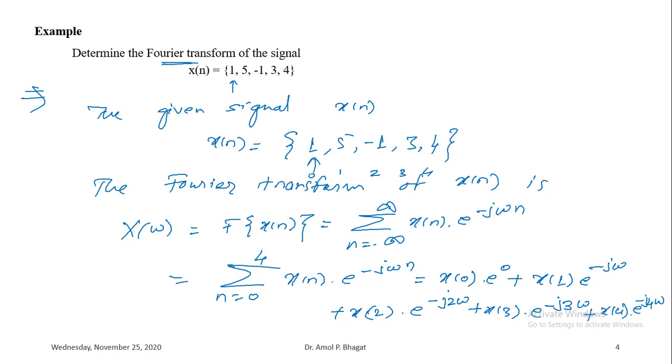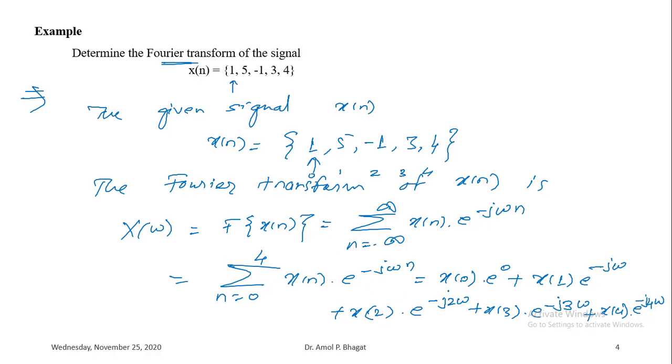Okay, so I'll just substitute the values of x of 0, x of 1, x of 2, x of 3 and x of 4 here. x of 0 is 1, x of 1 is 5, x of 2 is minus 1, x of 3 is 3, and x of 4 is 4.